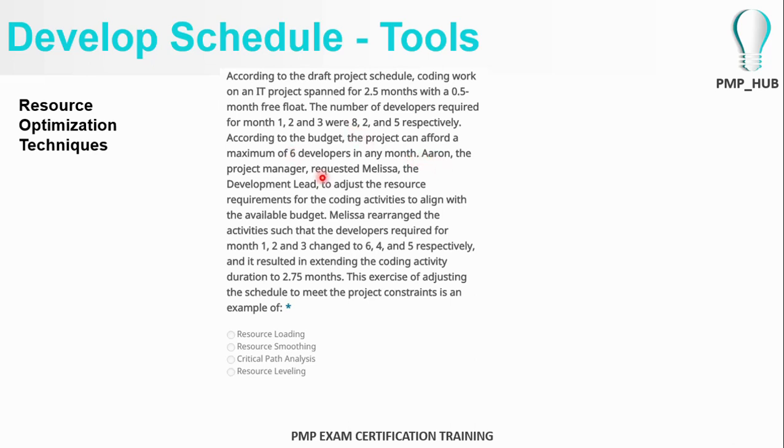The project manager requested Manisha, the development lead, to adjust the resource requirements for the coding activity to align with the available budget. Manisha rearranged the activities with the developers required for month 1, month 2 and month 3 changed to 6, 4 and 5 respectively.